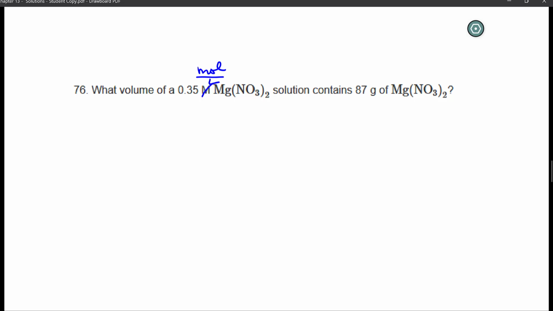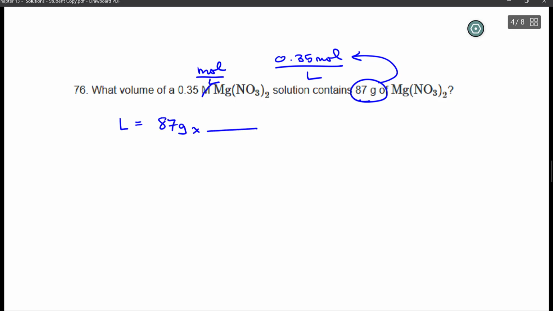So I'm going to write this out as 0.35 moles divided by liters. And now I have grams, so that's the number that I'll start with. Grams is going to have to get converted into moles, and once I have moles, then I can convert that into liters. So I want volume, liters, and I'm going to start with 87 grams.